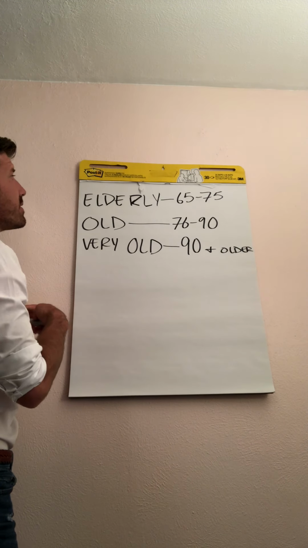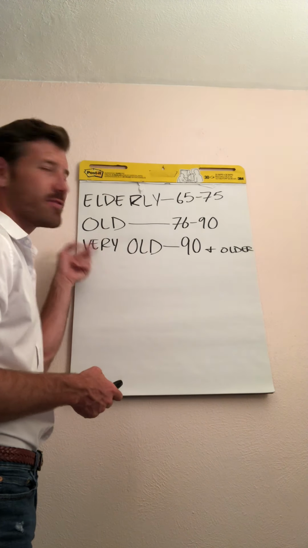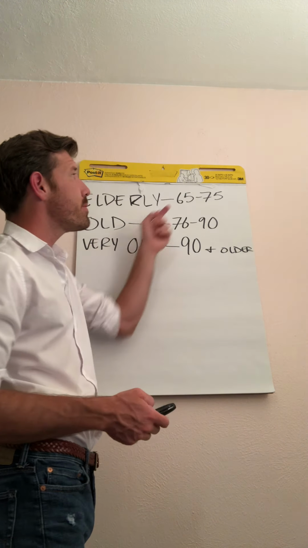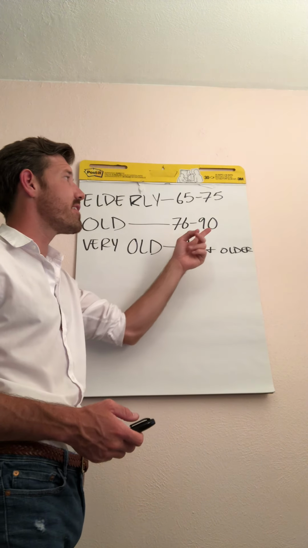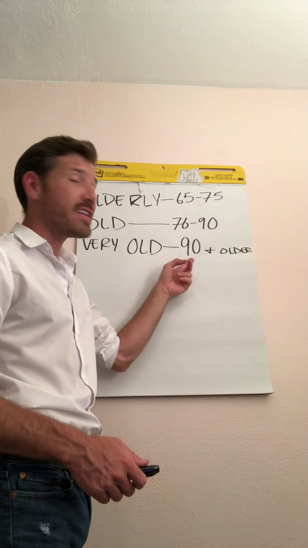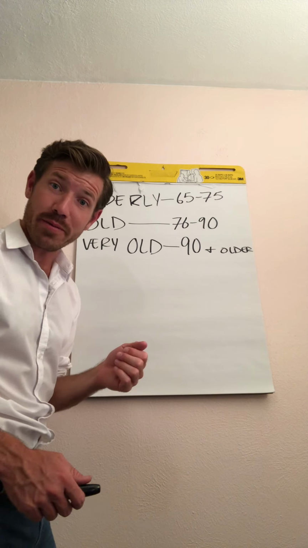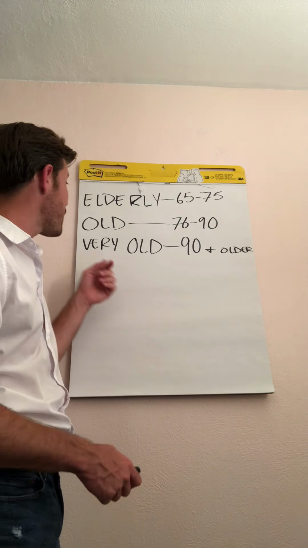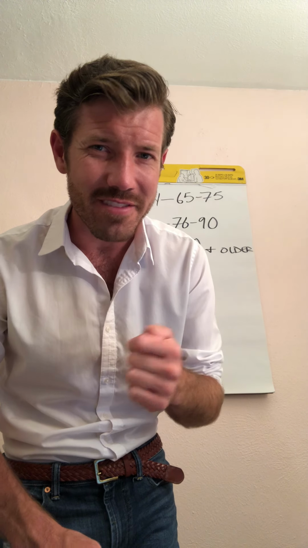They want you to know that there's different ways to say old. Elderly, old, and very old. Elderly people are 65 to 75 years old. Old people are 67 to 90 years old. And very old people are 90 years old and older. But I don't want you going up to my grandma because she's 94 years old. I don't want you going up to her and being like, hey, Miss Richards, you're very old.